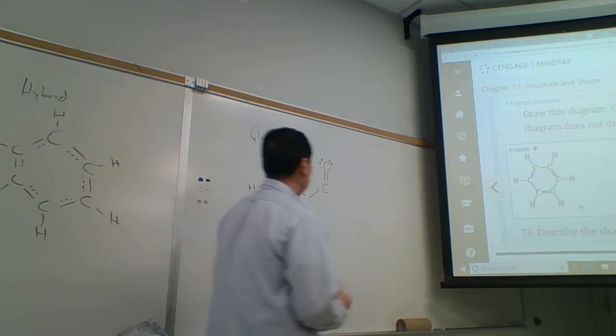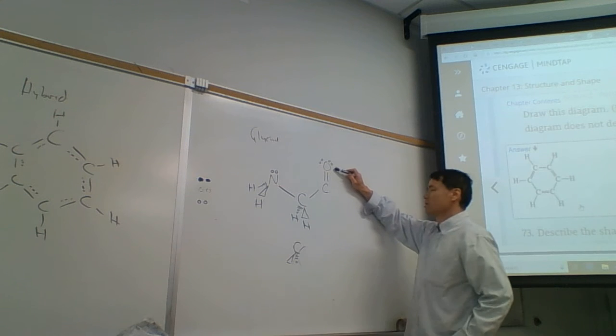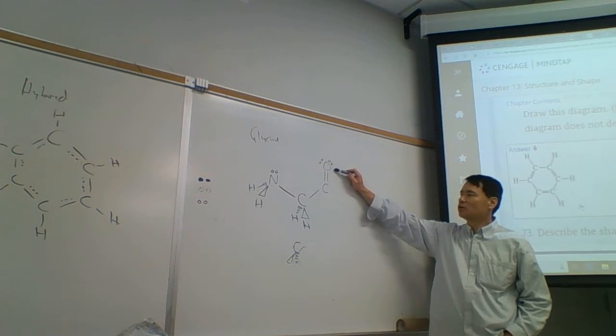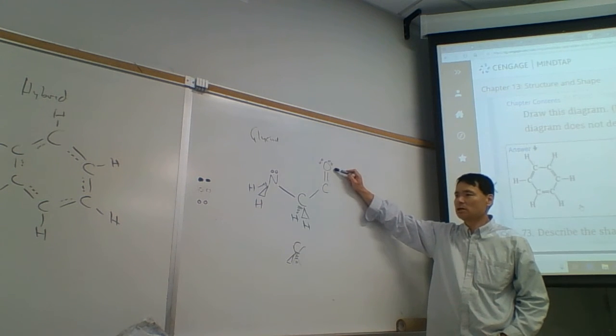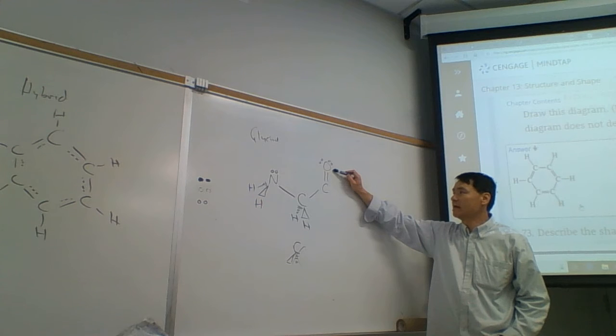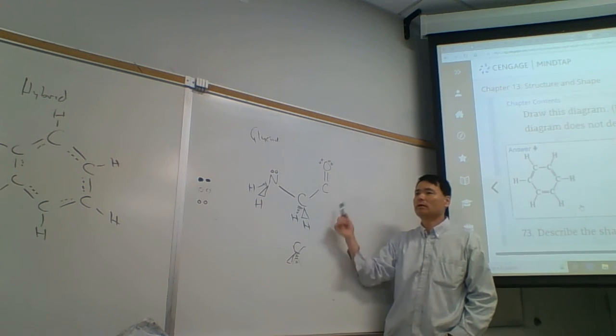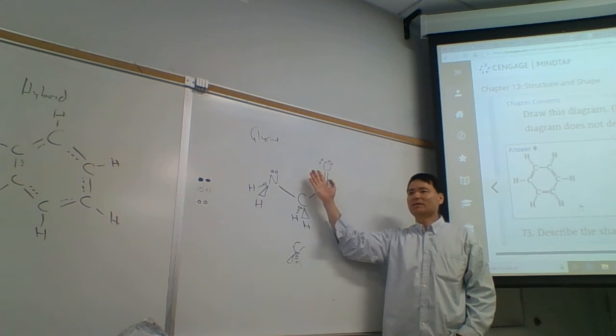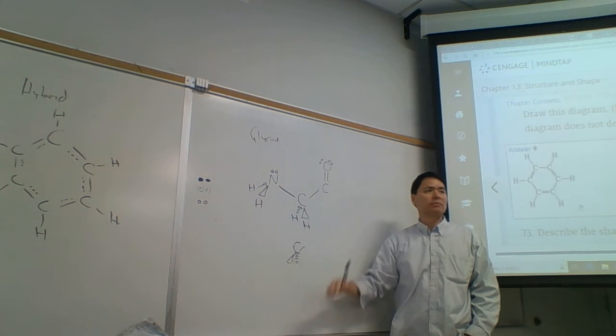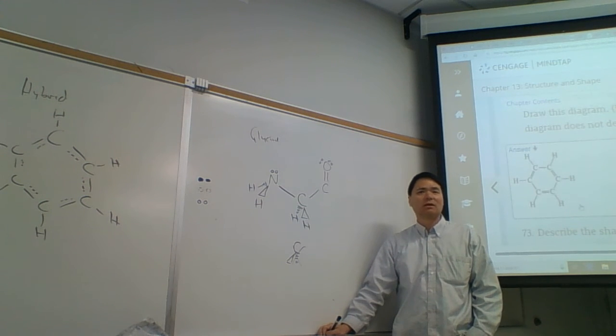So if I look at this oxygen, which is a terminal atom, what's the electron geometry of this oxygen here? Trigonal planar is correct. If it's trigonal planar, does that mean it's flat, or does that mean it sticks out, projects out? It's flat.